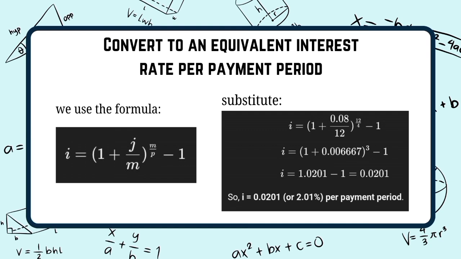Then i equals 1.0201 minus 1, which is 0.0201, or 2.01% per payment period.